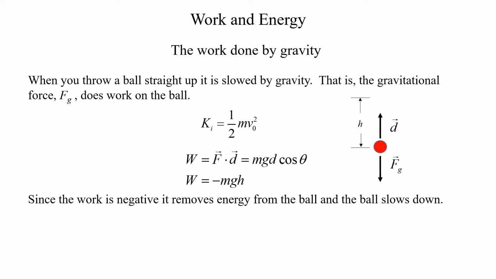And theta is going to be 180 degrees, since the displacement and the gravitational force are opposite in direction. Cosine of 180, of course, is -1. So the work then is negative mgh, where h is the height it goes before it comes to a stop. So the work is negative. That means it's removing energy from the ball, and the ball slows down.